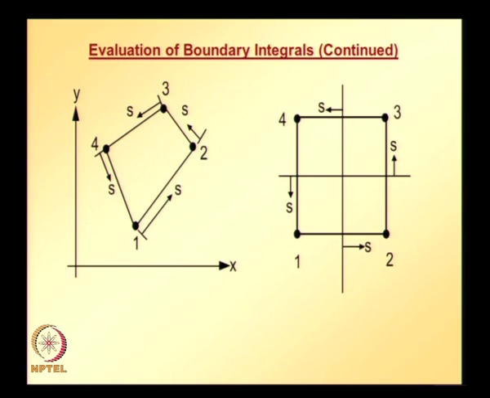In that, shape functions for each side can be written by substituting the constant coordinate value into the shape function expression. Since there is only one variable for each side, all shape functions are expressed in terms of small s, with positive directions of small s for each side as shown in the figure.